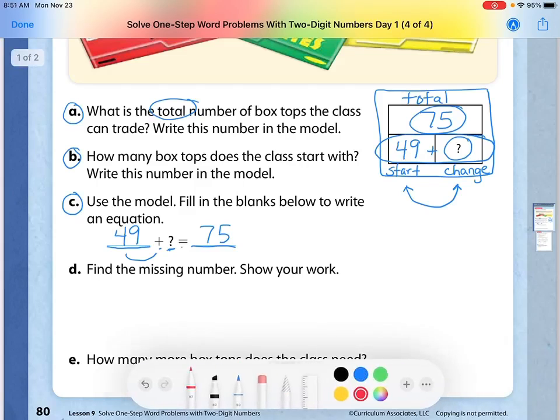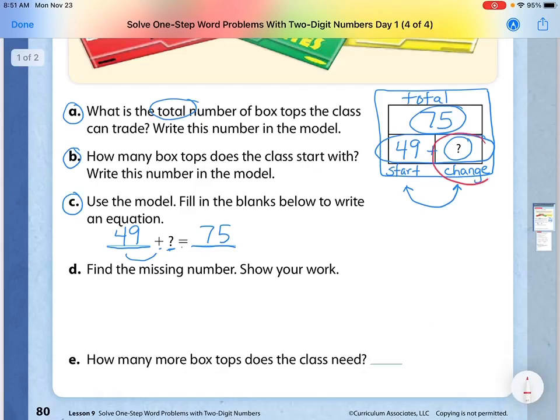The change is the number we need to find out, this one right here, okay? So, the total is 75. We're starting at 49. We're going to change in some way to get to 75, okay?